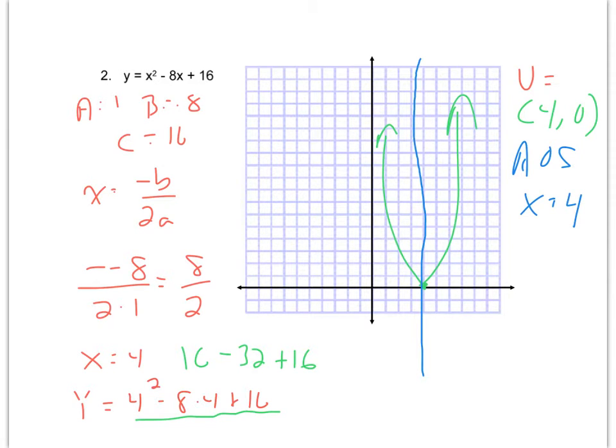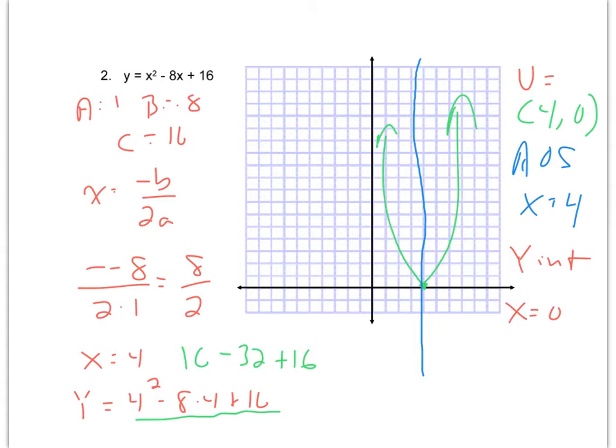Now, to find the y-intercept, all we're going to do is plug in x equals 0 into our function. So when I do that up here, let me get my pointer. When I plug in 0 for x up here, because remember on the y-axis, x is always equal to 0, I get 0 squared minus 8 times 0, which is 0. 0 minus 0 plus 16.